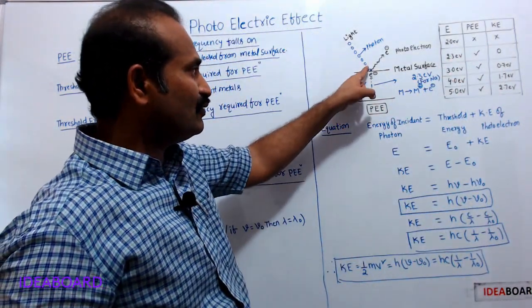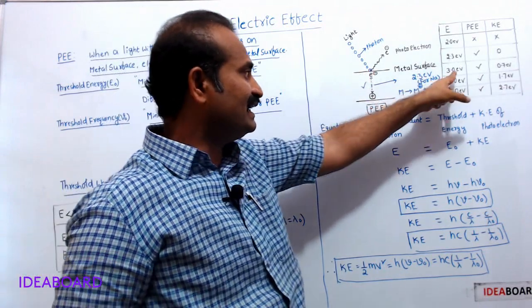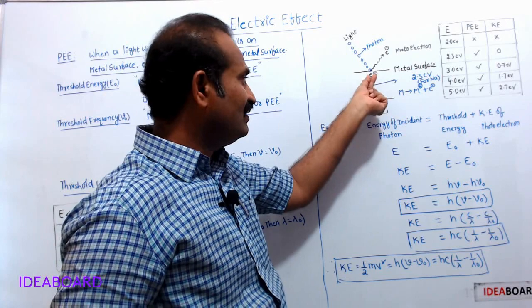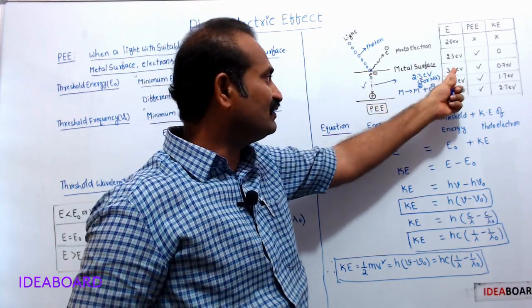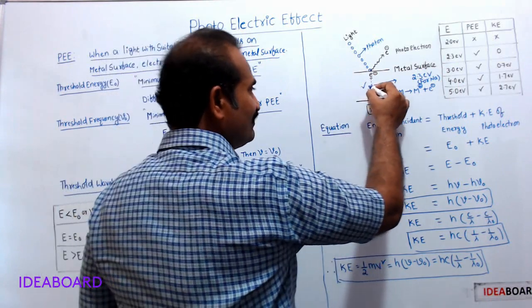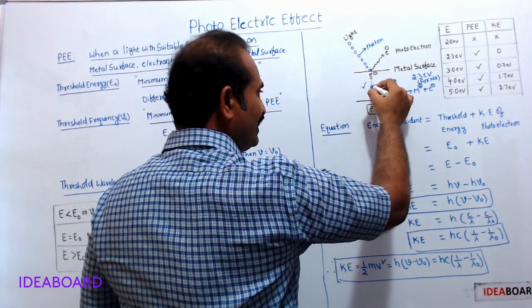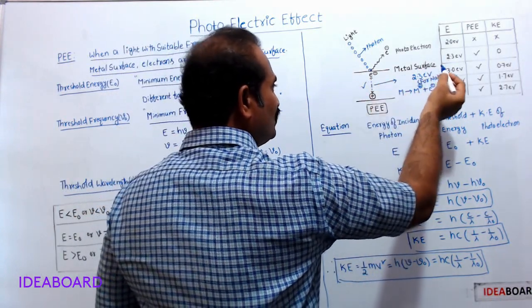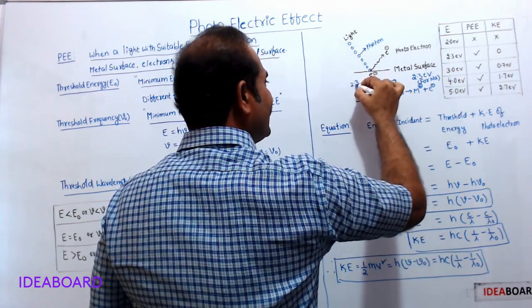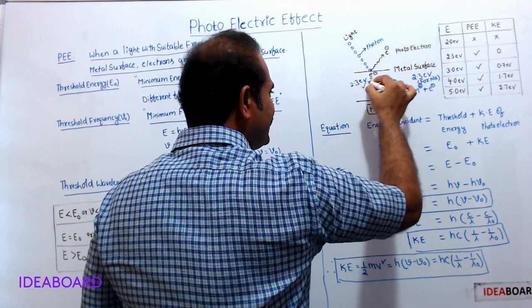Suppose the incident photon energy is 3 electron volts. Now this electron utilizes 2.3 electron volts out of 3 electron volts for breaking this bond.